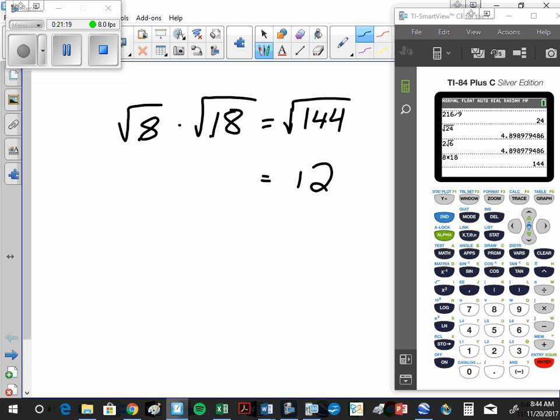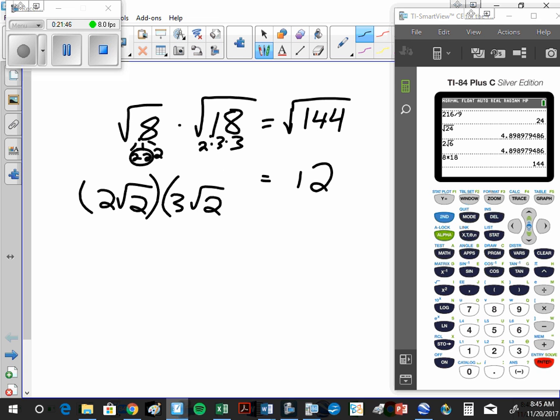But what if I simplified each square root first and then multiplied? 8 is just 2, 2, and 2. What can I bring out? A set of 2's. So 2 root 2. 18 is just 2 times 3 times 3. What can I bring out there? A 3 with the root 2 left over. Now, when I multiply these together, how do you think you multiply a simplified square root times a simplified square root?